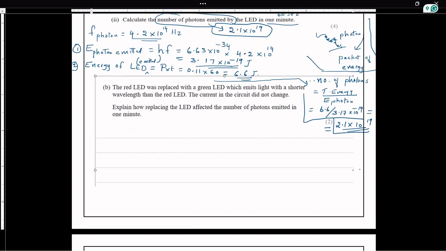Let's move on to the next part of the question. A red LED was replaced with a green LED which emits light with a shorter wavelength than the red LED. The current in the circuit did not change. Explain how replacing the LED affects the number of photons emitted in 1 minute.